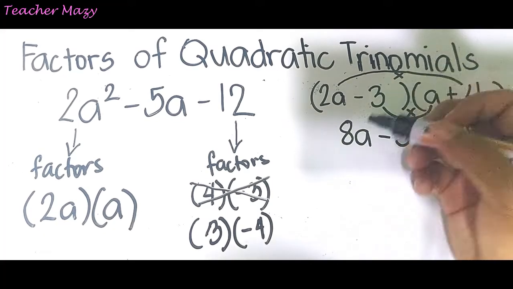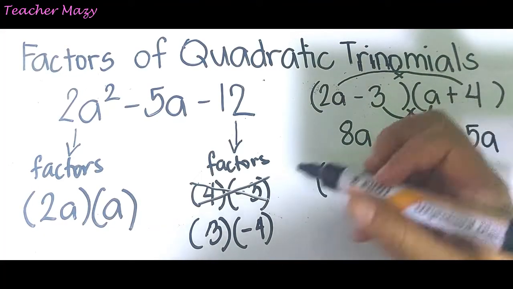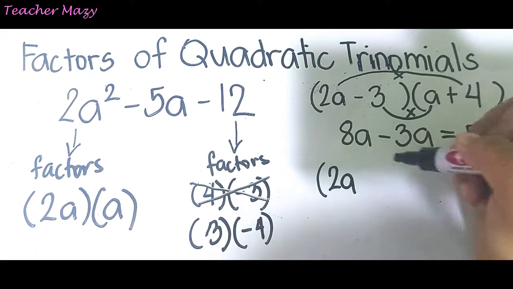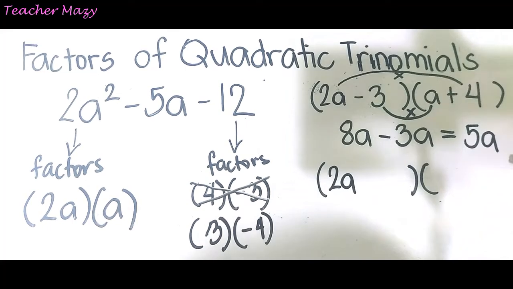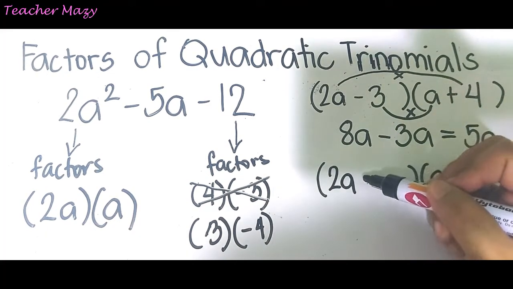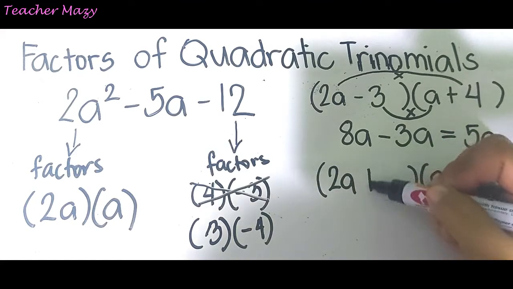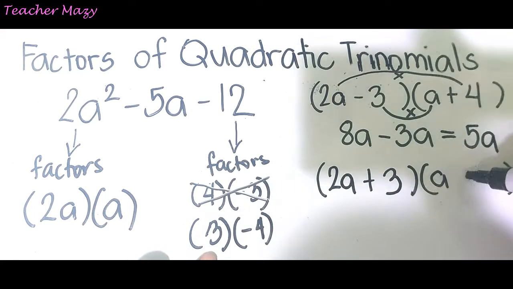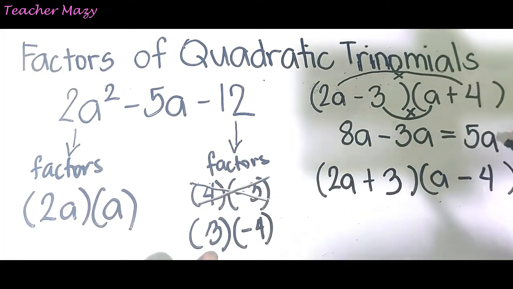Let's try another one, which is 3 and negative 4. First, let's write two quantities: 2a and a, then plus 3, since this is positive, and minus 4 since this one is negative.